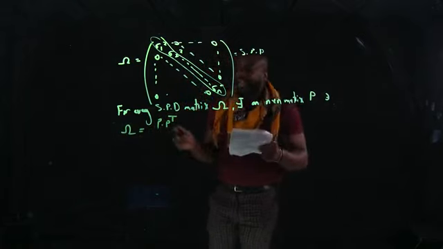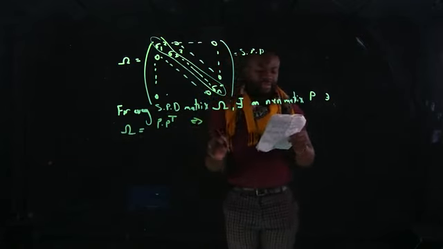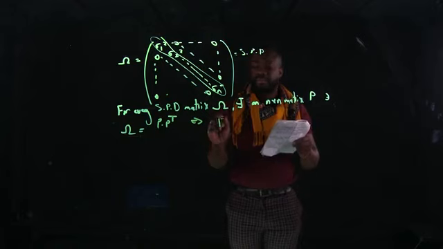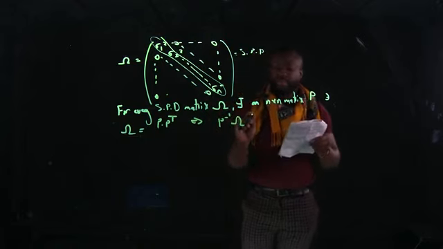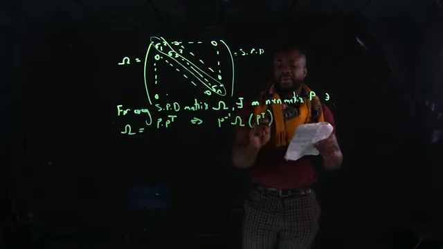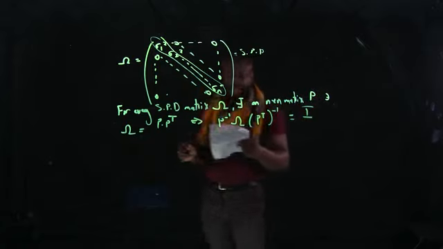You can think of P as some sort of square root matrix. This implies that P inverse omega times P transpose inverse gives us our identity matrix I.